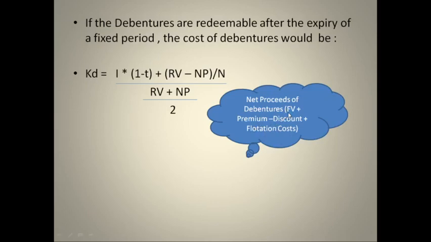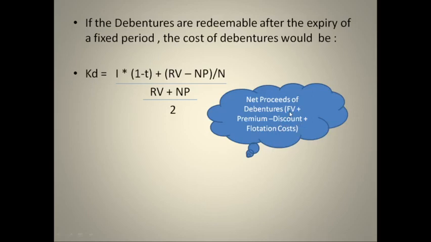FV is nothing but the face value. If the question says that debentures are issued at a premium rate, at a price above the face value, then we will add this premium with the face value. Or if the question says that the debentures are issued at a price lesser than the face value, then we will discount this with the help of a discounting rate from the face value.